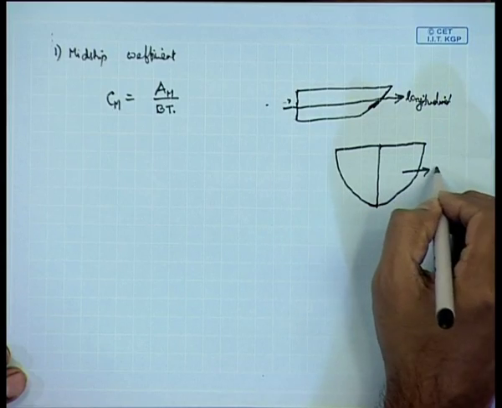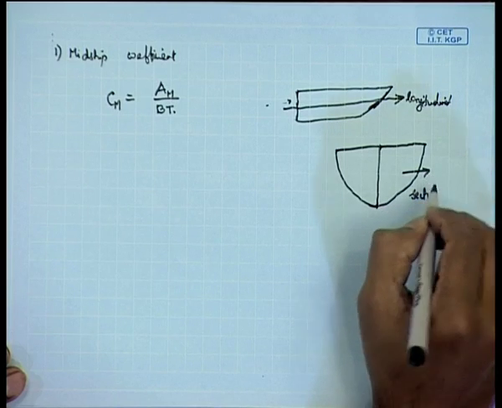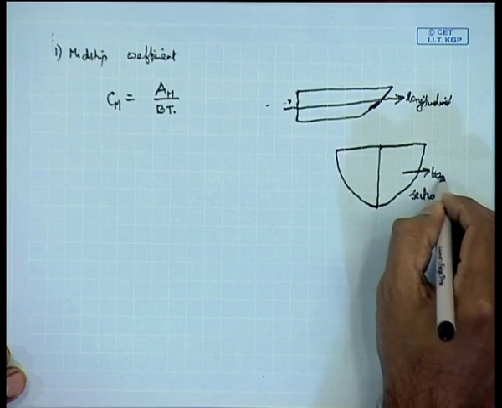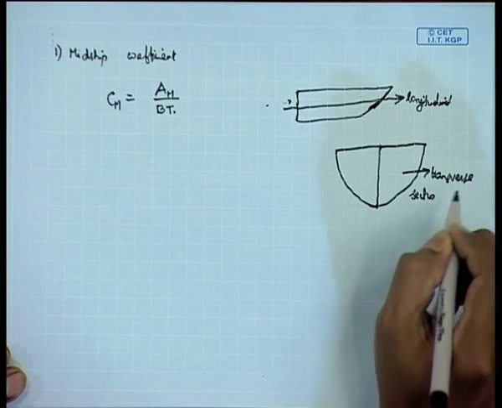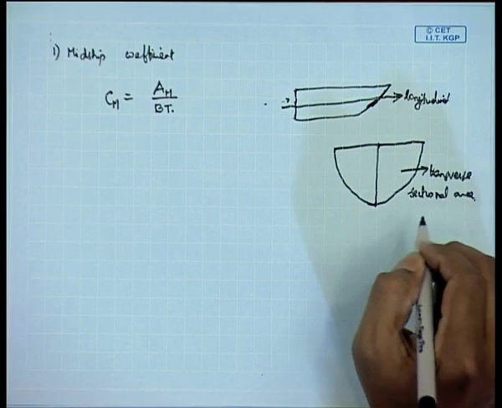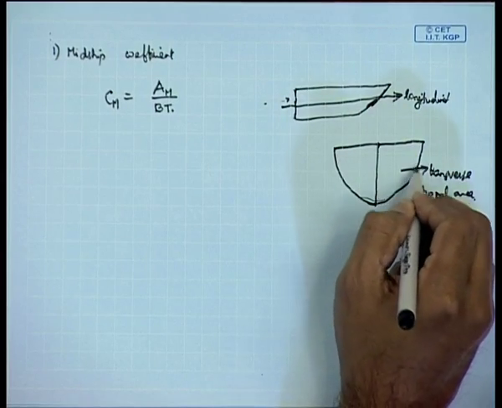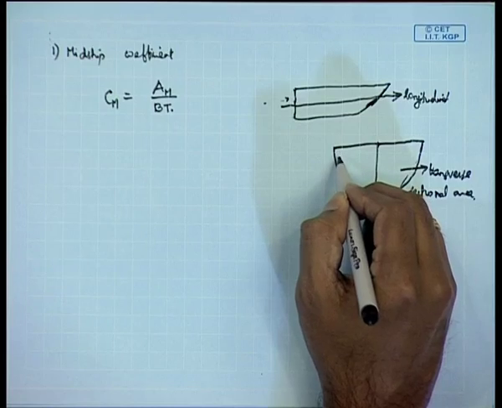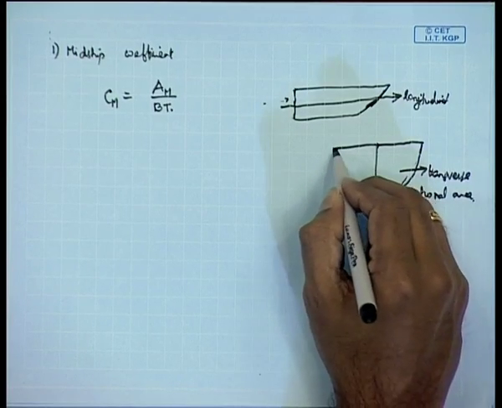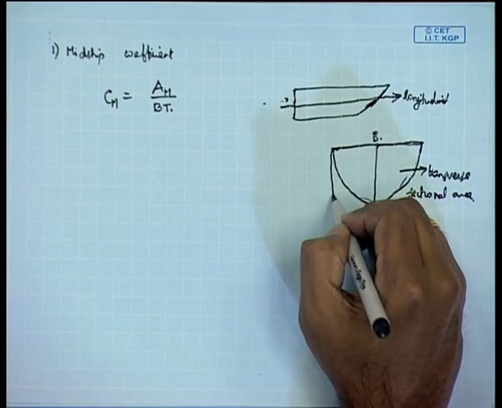This area is known as the sectional area. This direction is known as the transverse direction. Now, this area is what we are talking about here. So, it is this area divided by B, which is this, into draft, this draft.